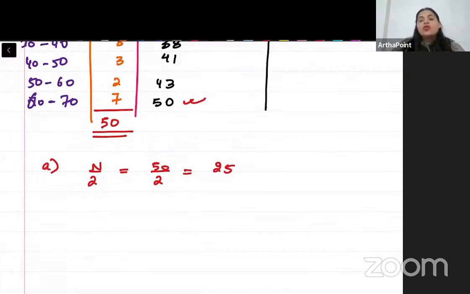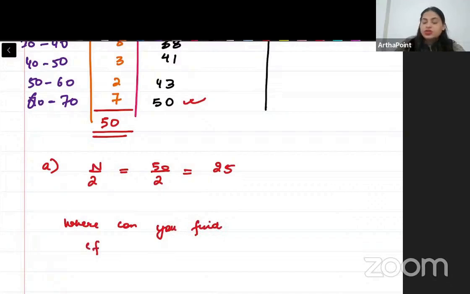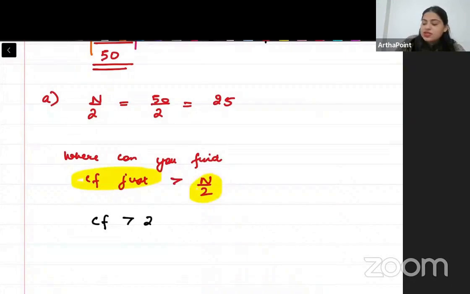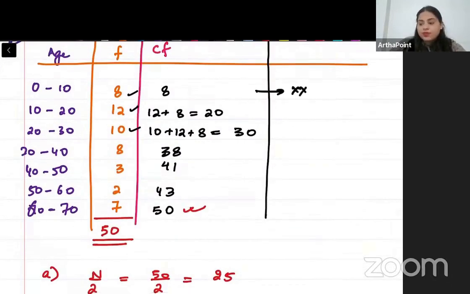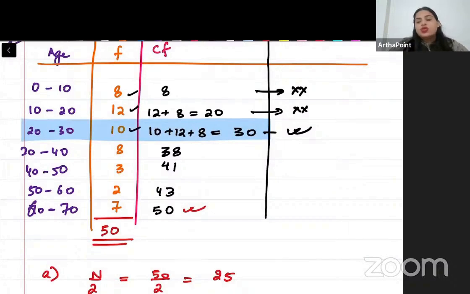You will find where you can find CF, cumulative frequency, just greater than n by 2. So where is the cumulative frequency just greater than 25? This is 8, it cannot be. This is 20, this is also less. This is 30, this is correct. So you will get this as your median class. Right? So your median class will become 20 to 30.